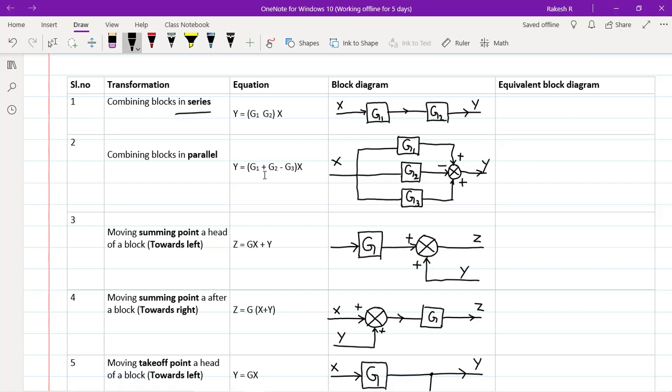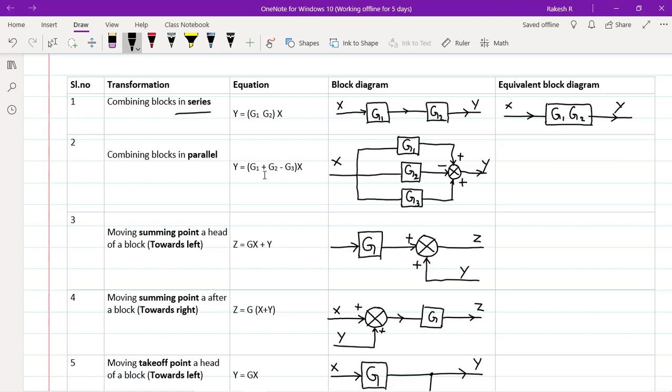Then we obtain this as G1 G2. This is how we can reduce blocks which are connected in series. If the blocks are in series, you can multiply those blocks.